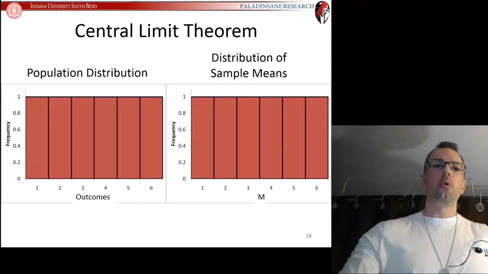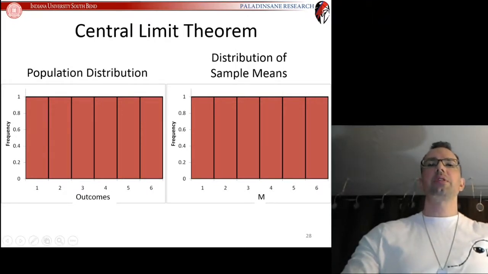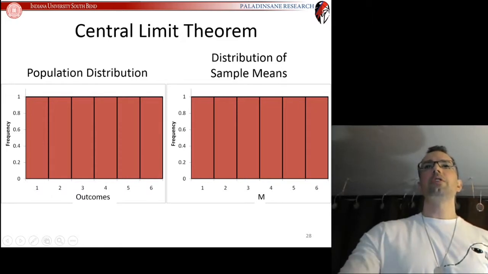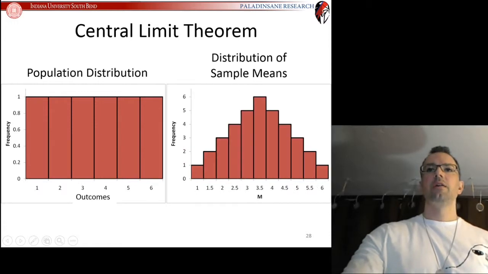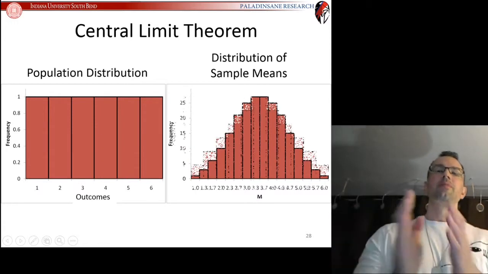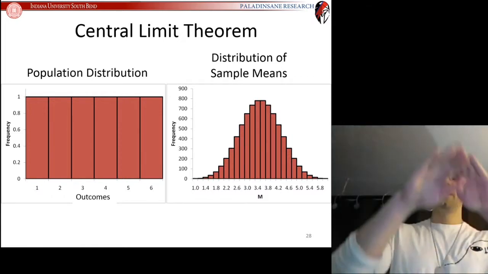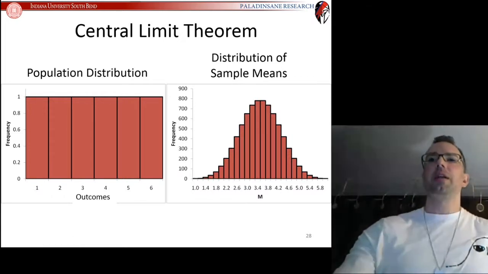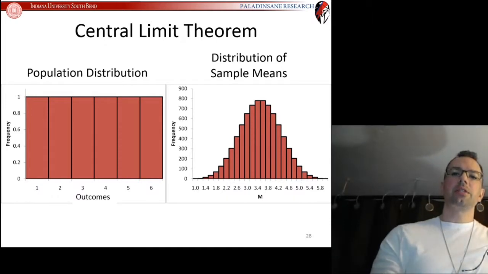If you recall, the distribution of sample means only looks like the population distribution when you have a sample size of 1. But once you start having sample sizes of 2, 3, 4, and 5, it moves away from looking like your population distribution, and it looks like a normally distributed distribution.